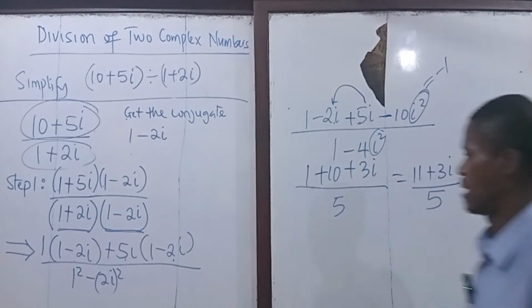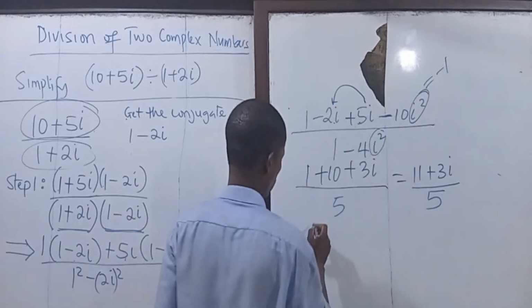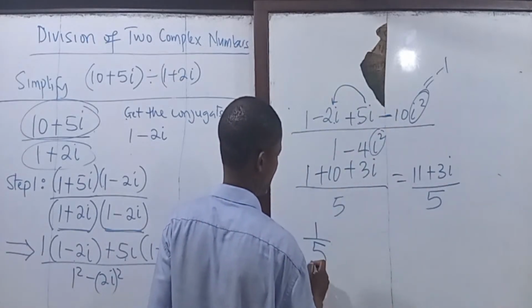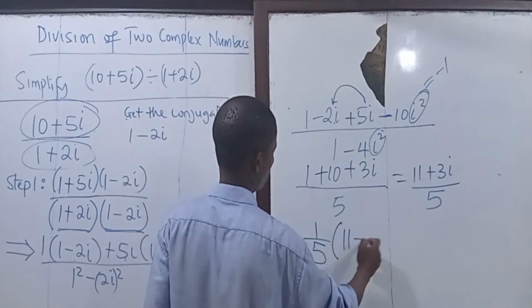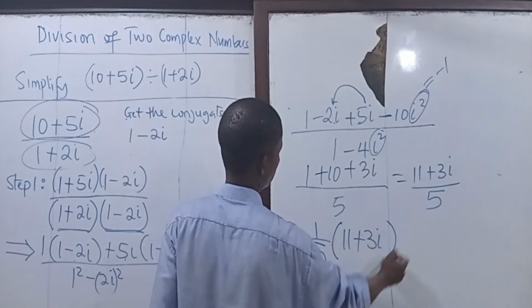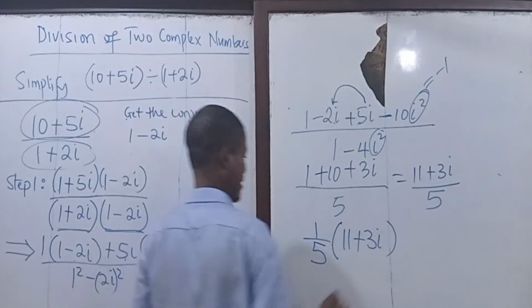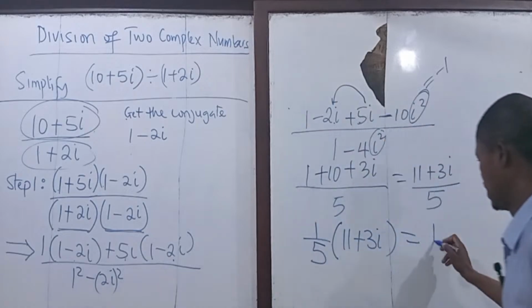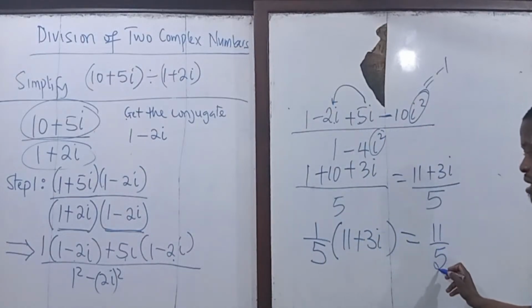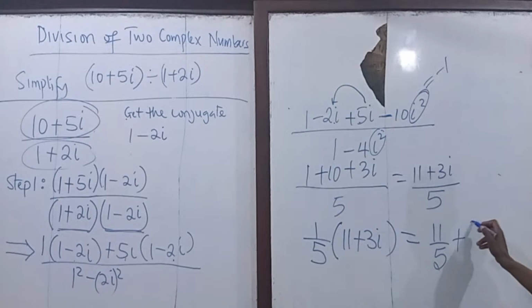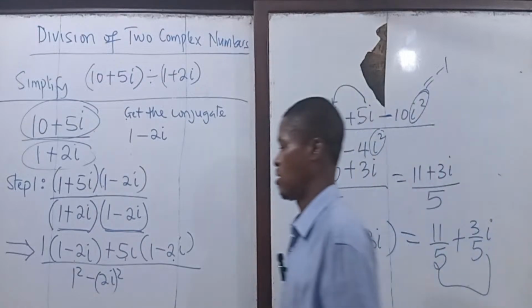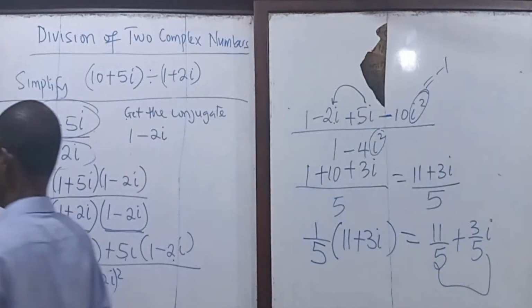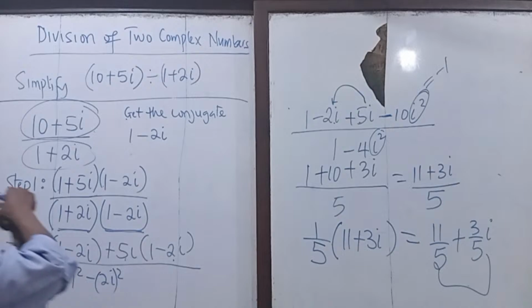So that is the answer for that case, which we can also write as 1 over 5 times 11 plus 3i. Okay, and if you open the brackets, it's going to give you 11 over 5 for the real part plus 3 over 5 for the imaginary part. And that's that on this episode, complex number 1.